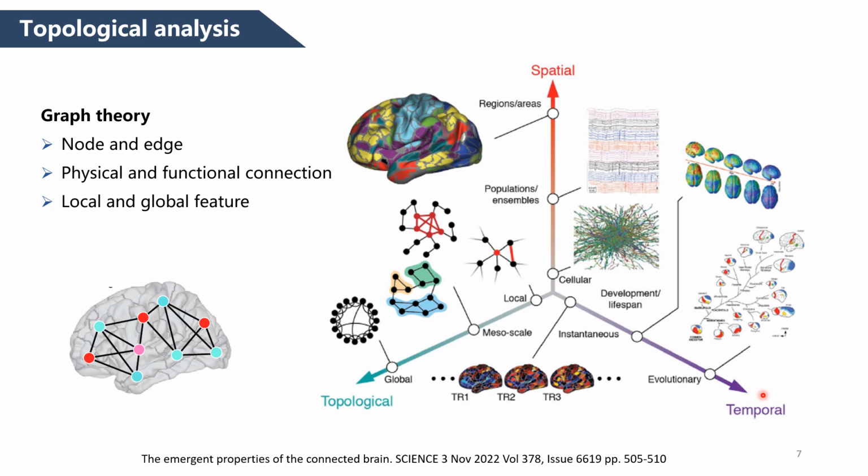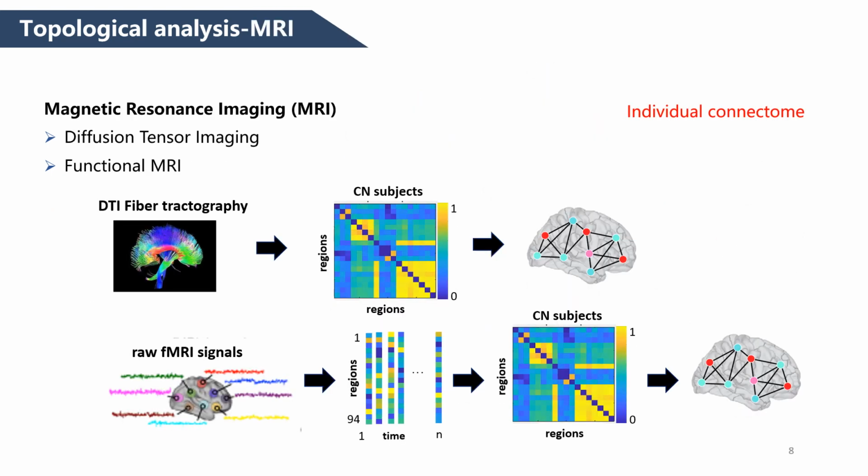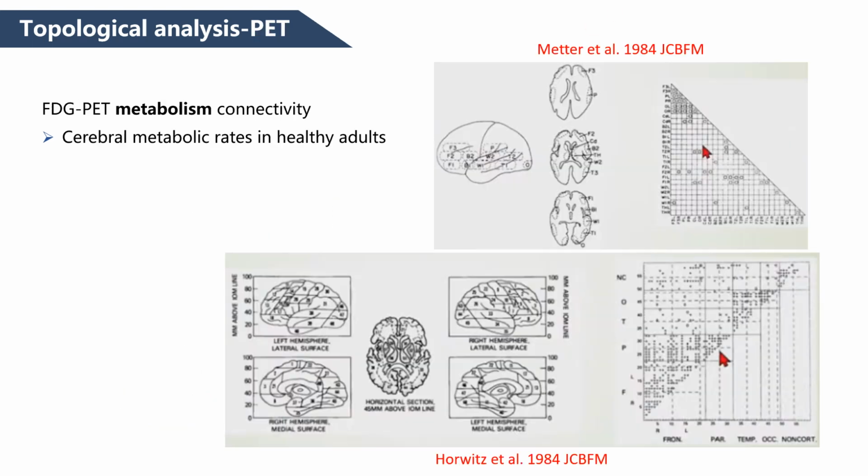As I said, MRI is the most commonly used imaging modality for constructing brain networks. For example, by processing diffusion tensor imaging data, it is possible to construct a structural connectivity network based on the fiber tracks. Similarly, by processing fMRI data, it is possible to construct a functional connectivity network based on the correlation of the BOLD signals.